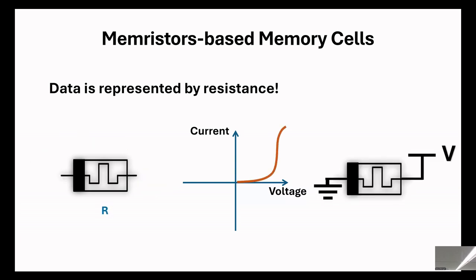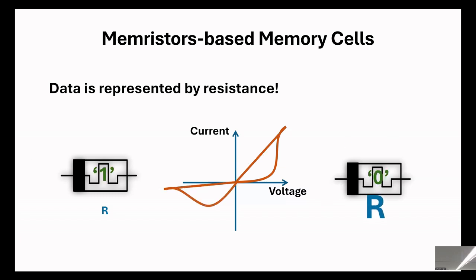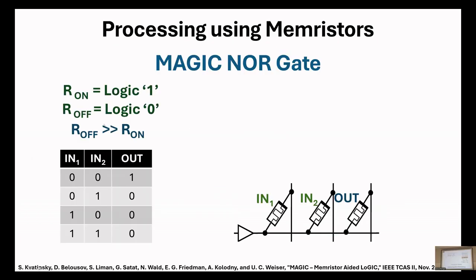If we apply the voltage in the opposite polarity, the resistance increases. Then we can define that a low resistance is a logical one, and the high resistance is a logical zero.